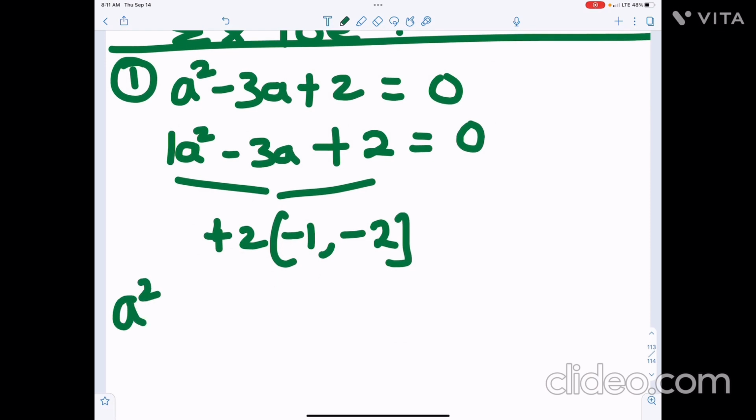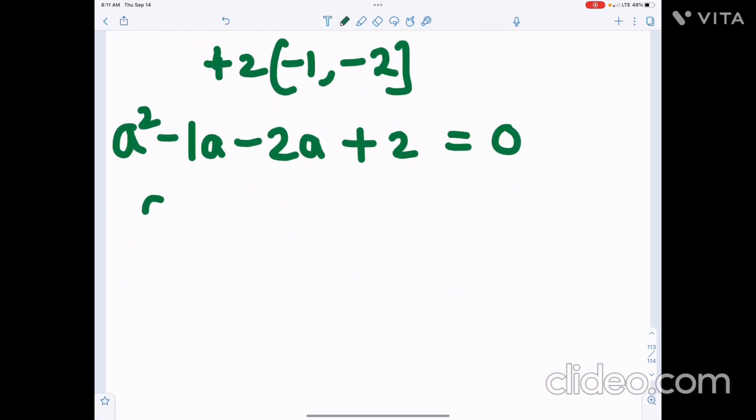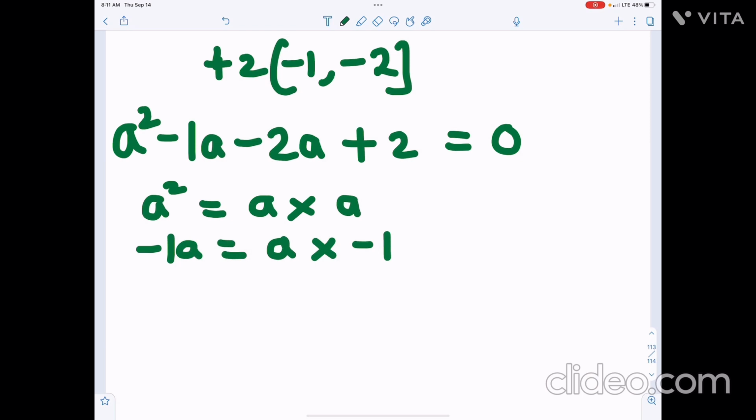That gives you a squared minus 1a minus 2a plus 2 is equal to 0. So here, a squared is a times a. Minus 1a is a times minus 1. So a is common. It will factorize into a times a minus 1.